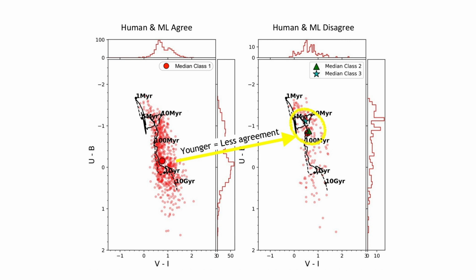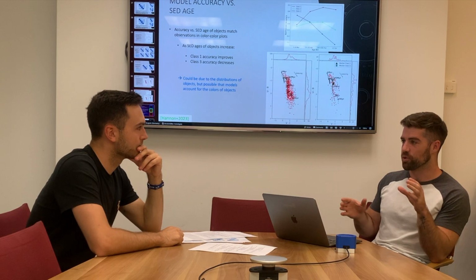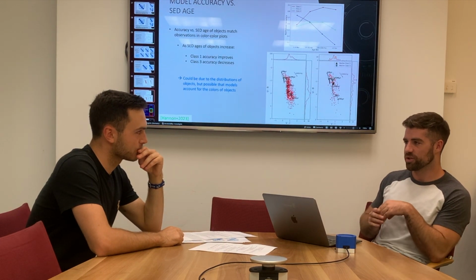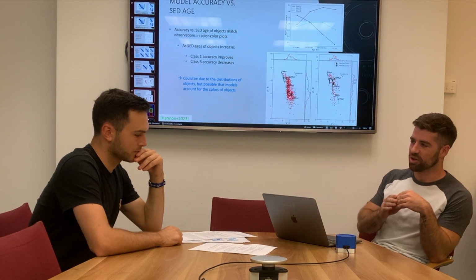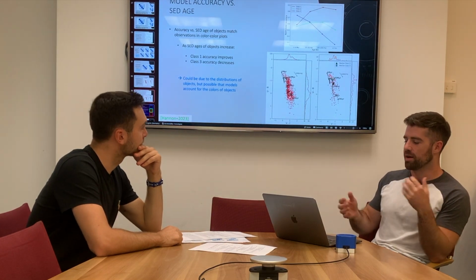So it could be some confusion with the color there that is presenting these models some difficulty. So we do see that the median color for these class 1 objects is generally older, whereas the median color for the class 2 and 3 objects are generally younger.